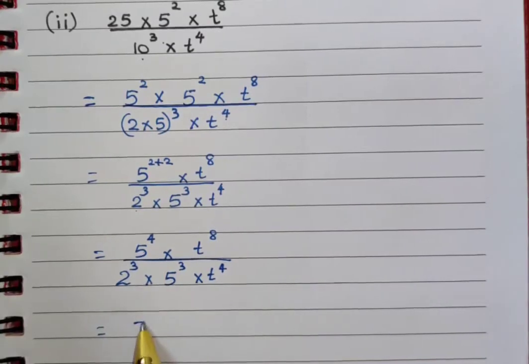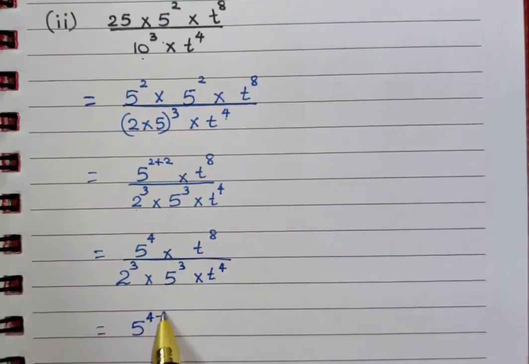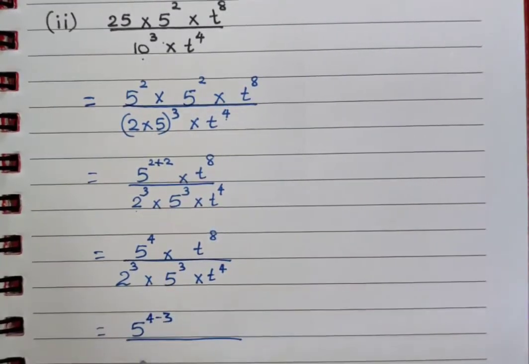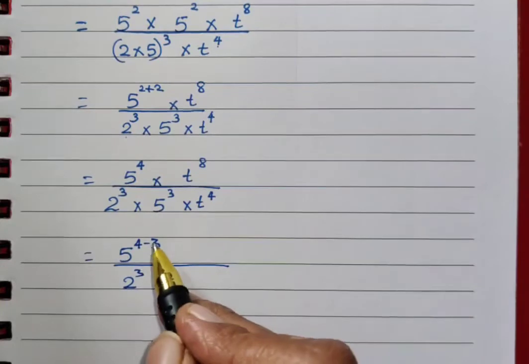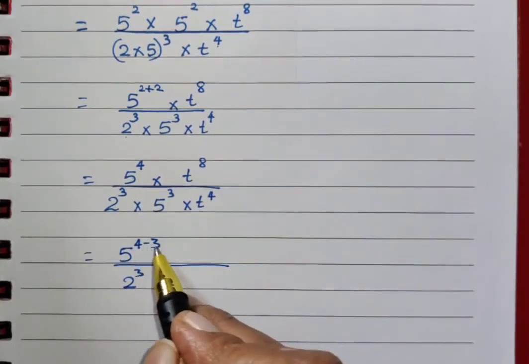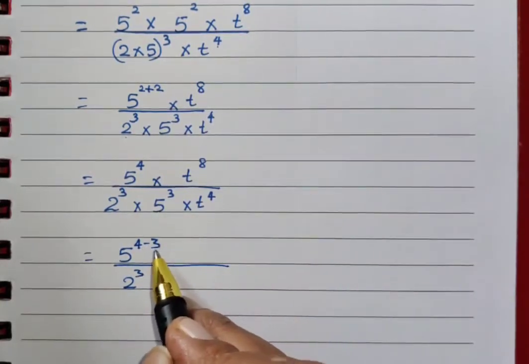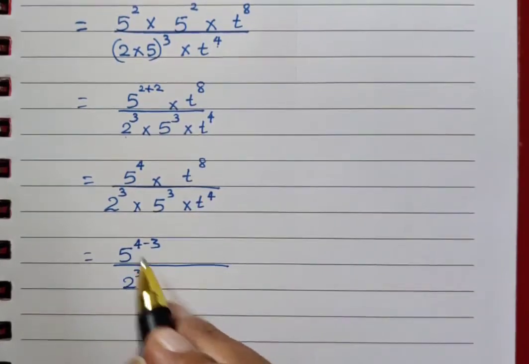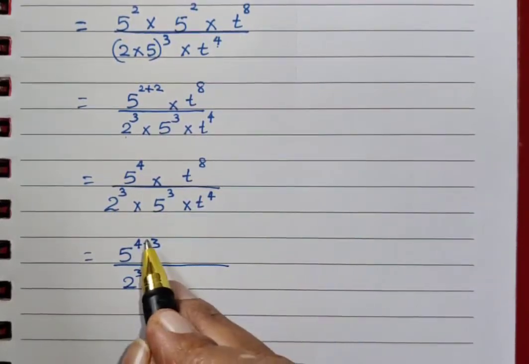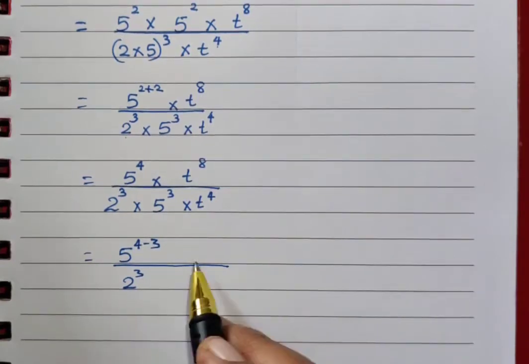So I am writing this 5, 4 minus 3. Now from the denominator, this 5 went here because it is in the form of division, right? So minus 3, this 1 5 up 1 5 down was there, they are in the form of division, so minus 3 I have written up, so this 5 is now gone.